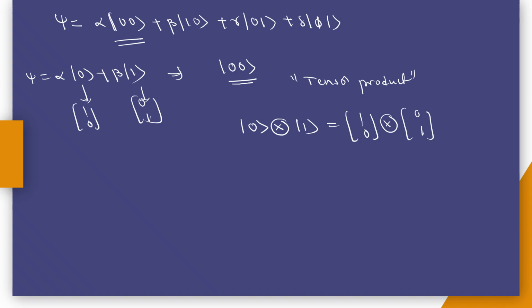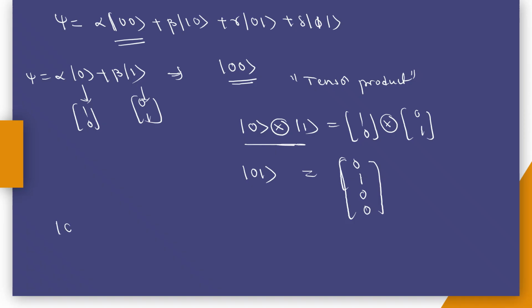So if you want to represent 0 and 1, the answer in vector form is 0 1 0 0.